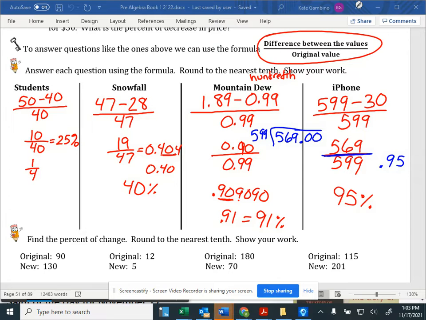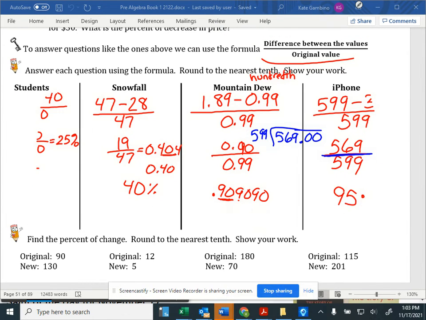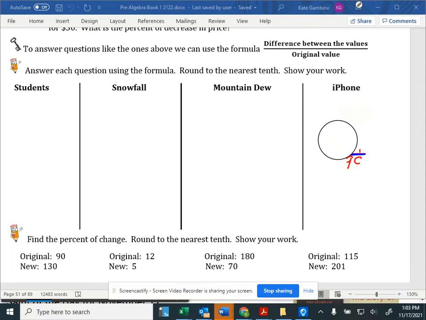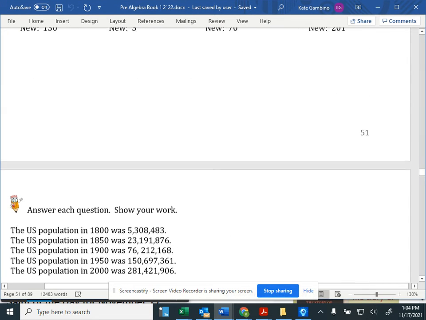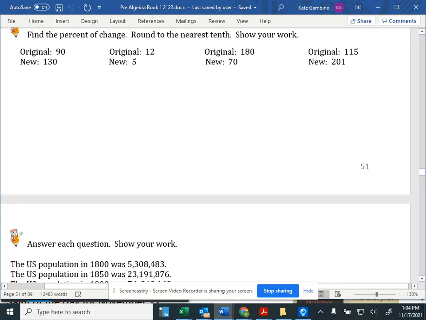So now let's scroll up. Find the percent of change. Round to the nearest 10th.